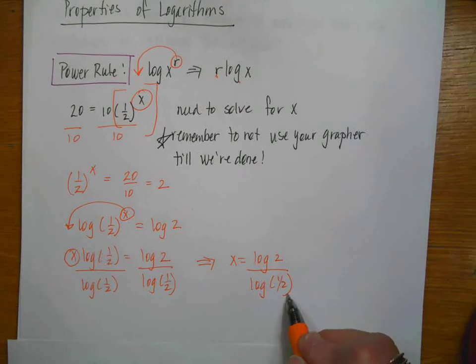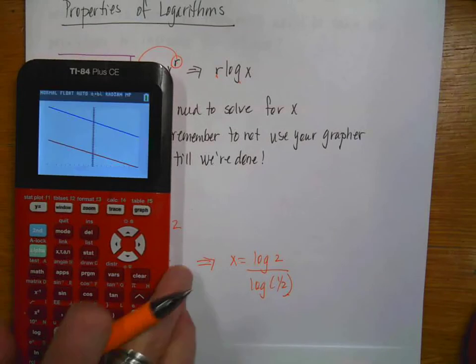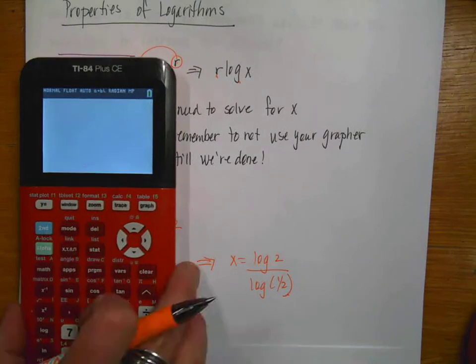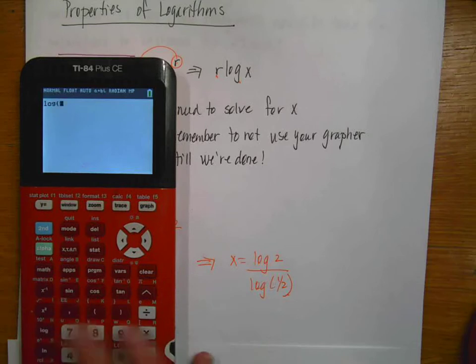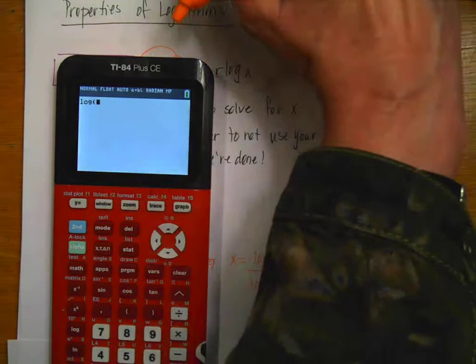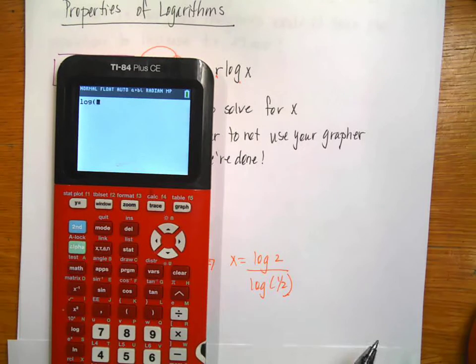And then you can leave it like this, or you can push buttons on your calculator, and we're going to push buttons. So let me clear what's there. Okay, clear all that. So I'm going to take the log, and notice when I push the log button that it opens a parenthesis. Let me zoom in just a little bit.